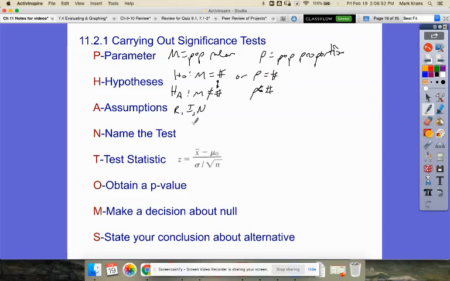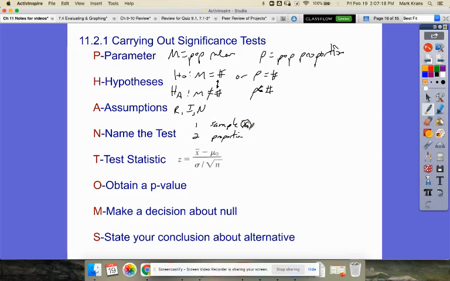All right. Once you have that, then you can name your test, and you can name your test by writing down the formula for the test statistic, or you can name the test by just saying it's eventually we'll have one or two sample or proportion. Okay. So sample is for means. Okay. One or two sample.